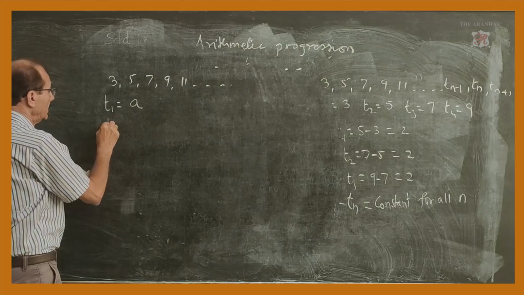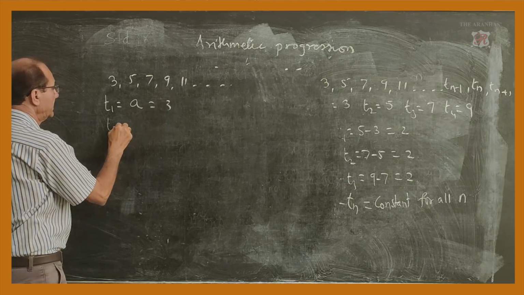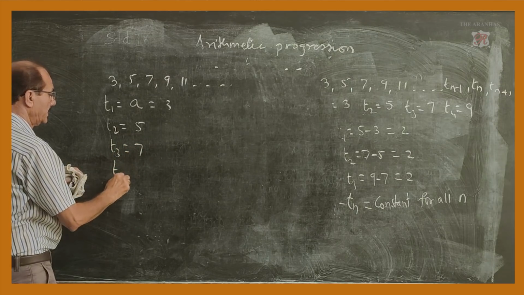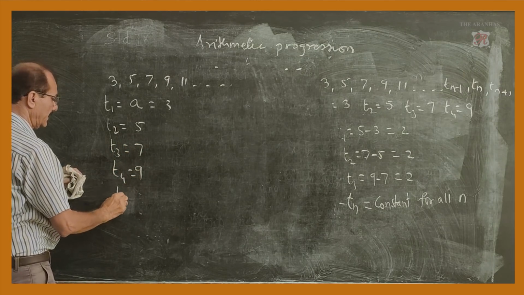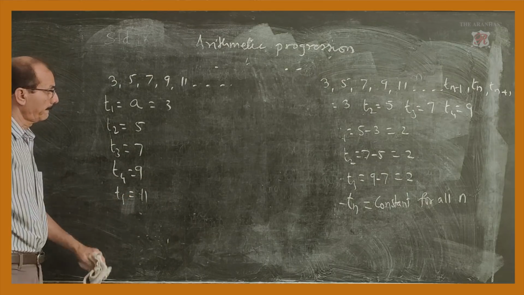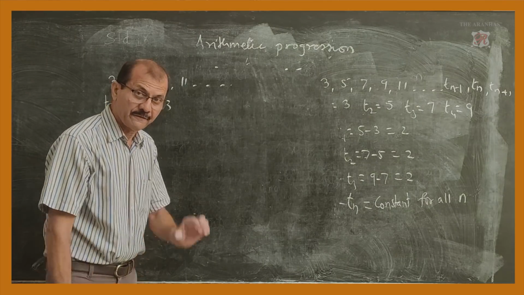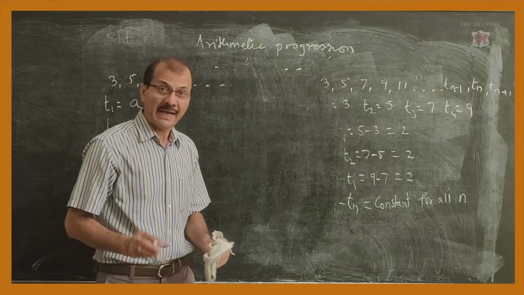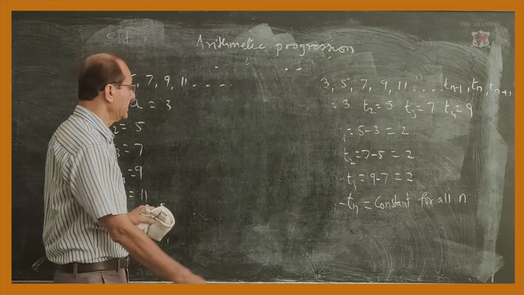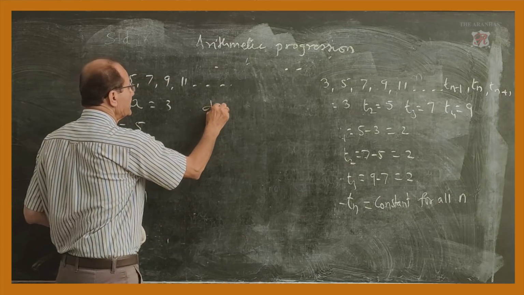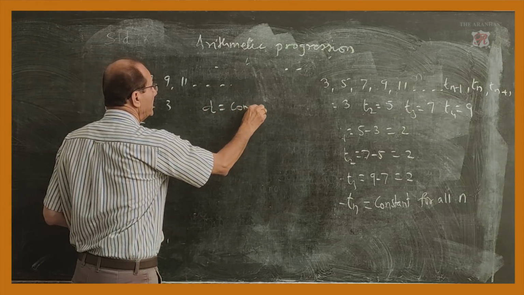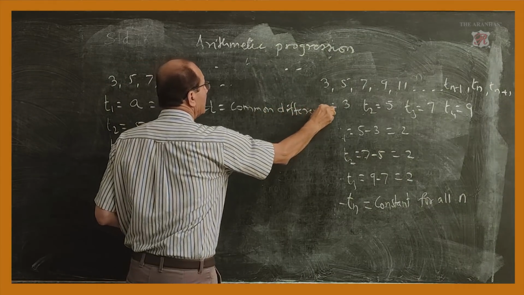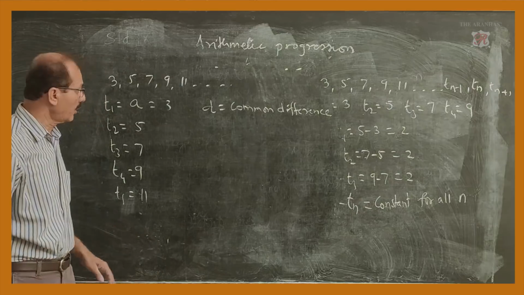Then T1 is here 3, T2 is 5, T3 is 7, T4 is 9, T5 is 11. The difference which is there between two consecutive terms, that difference I will denote by the letter D. So D is the common difference.